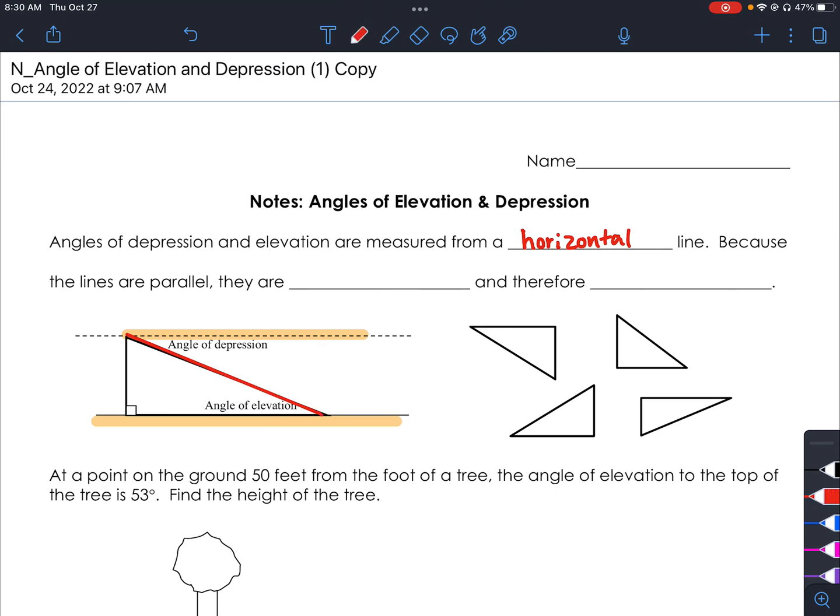What's really cool is that because the lines are parallel, both angles are alternate interior to each other. Therefore, they are congruent.